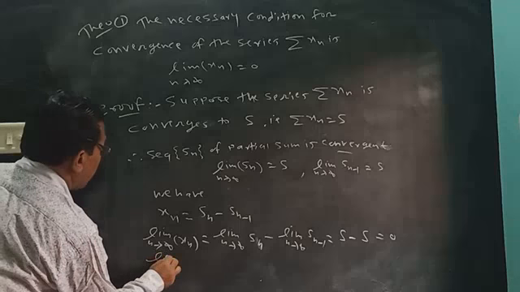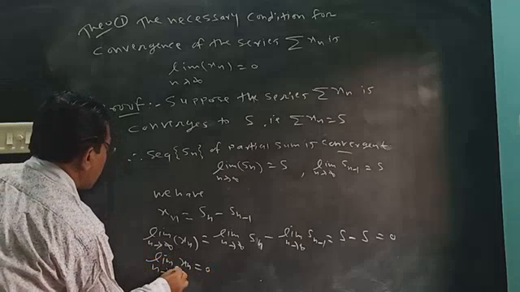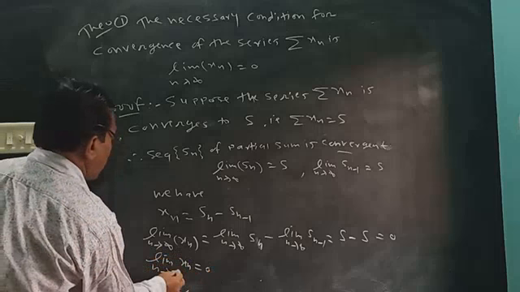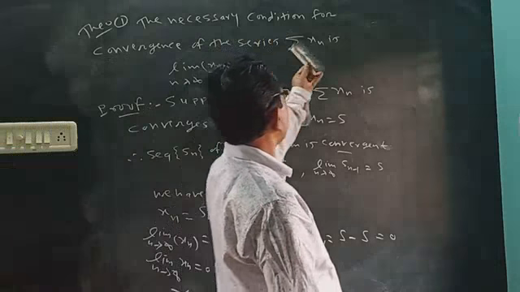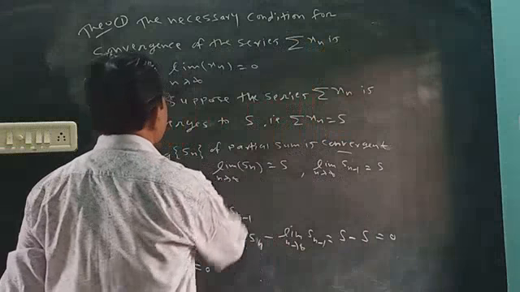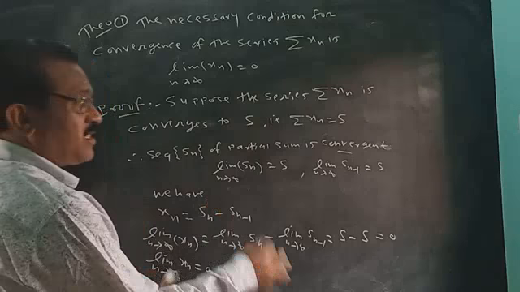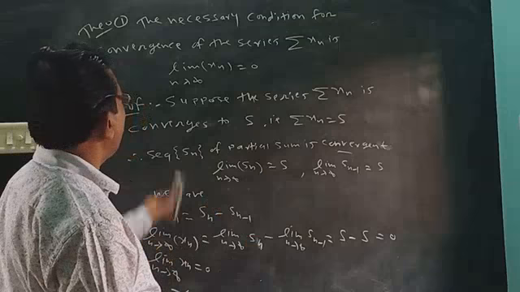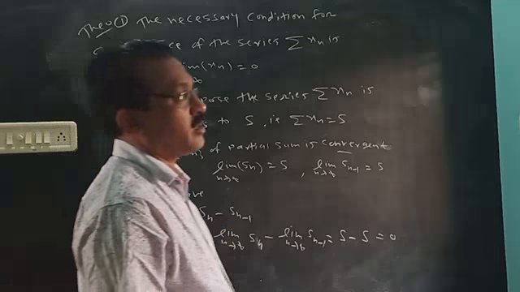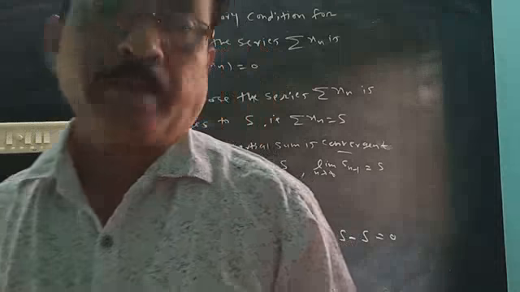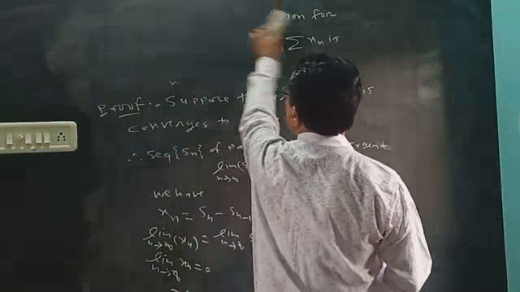So the limit of xn will be 0, and that is the condition. So the series is convergent when the limit of the xn term is 0. Otherwise it is divergent. If the limit of the xn term is not 0, we get any value like 1, 2, 3, 4 or minus, then that will be divergent in that case.